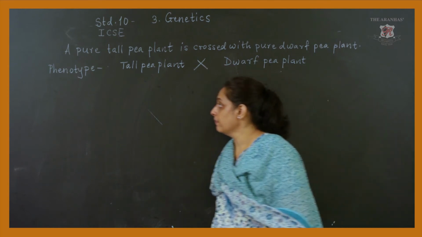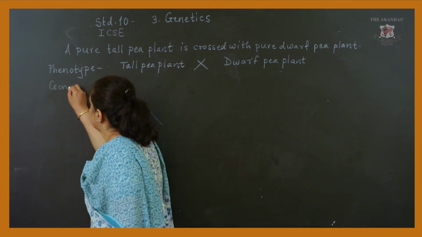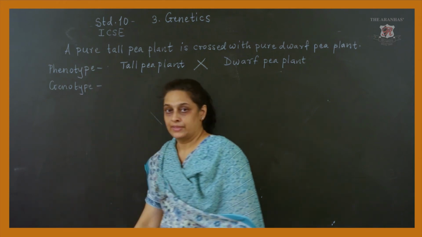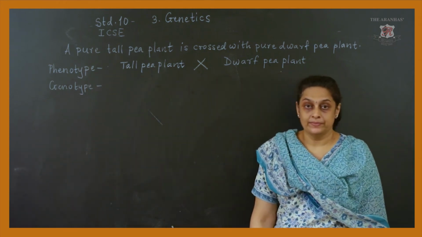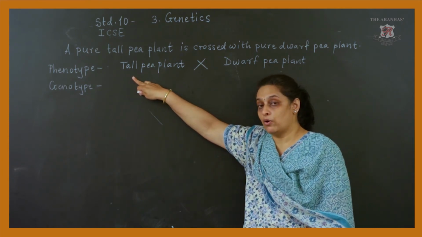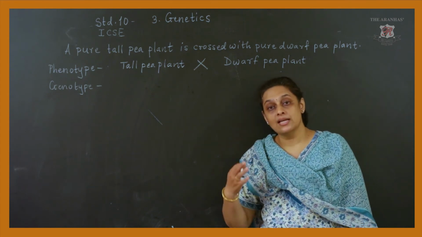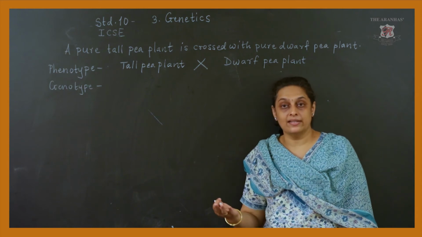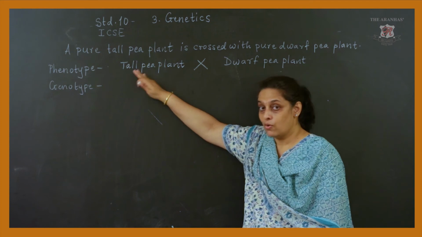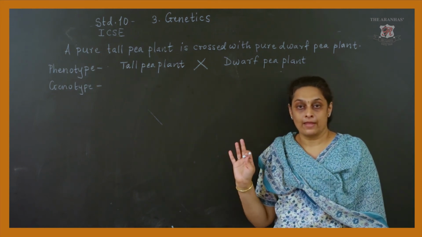Okay. Now genotype we have to write. Okay, now what is genotype? Who decides whether the plant will be tall or short? I have told you, genes are deciding the characters. So obviously whether the plant is tall or short, it is decided by the genes. Okay.